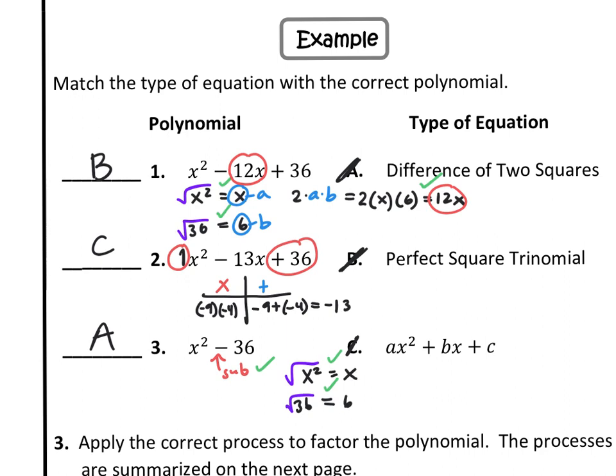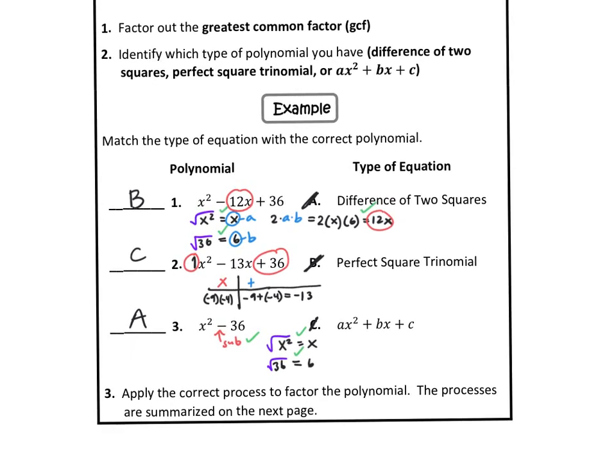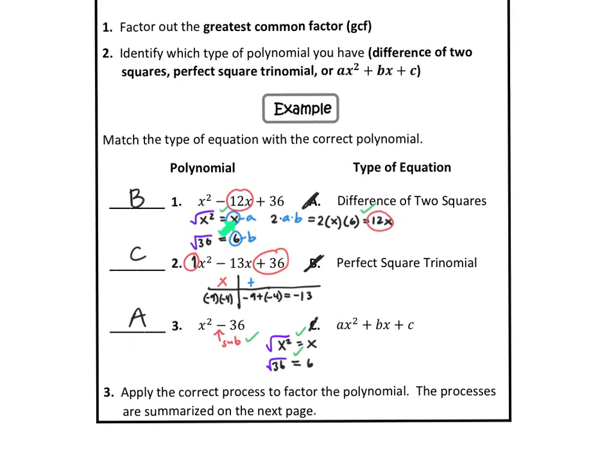So this was the method that we used in the last notes. The third step is what we were covering here: apply the correct process to factor the polynomial. On the next page, the processes are summarized, so let's head over to the next page.